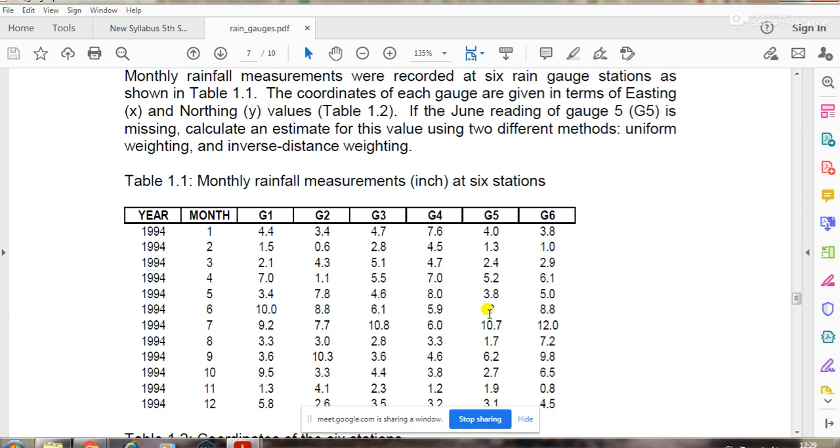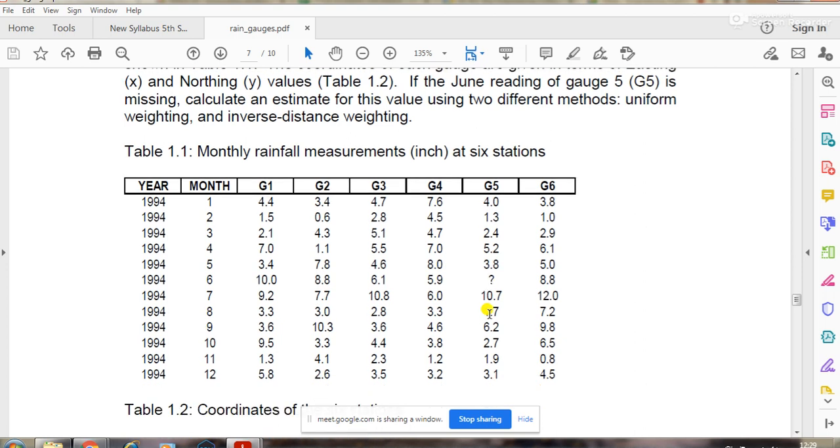So this is your given table where all the values are given for all the 6 stations. Only one value is missing, that is the G5 value, the fifth station's value for the month of June. You will need to calculate it. Now for the calculation, you will need a few more values.